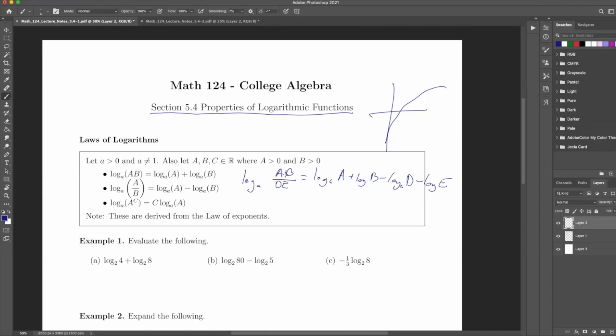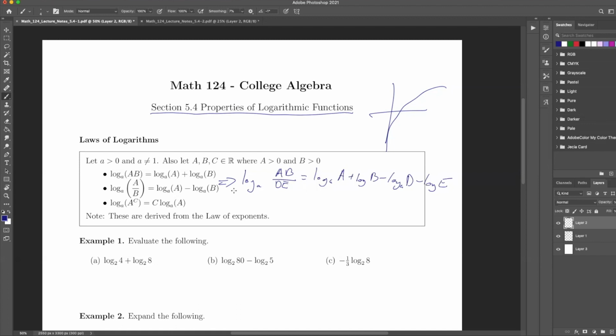If it's on the top, if it's on the numerator, you can just say positive, and if it's on the bottom, you can just say negative. Okay, and so these two rules kind of imply this, right? And we'll use this later to make our lives easier.